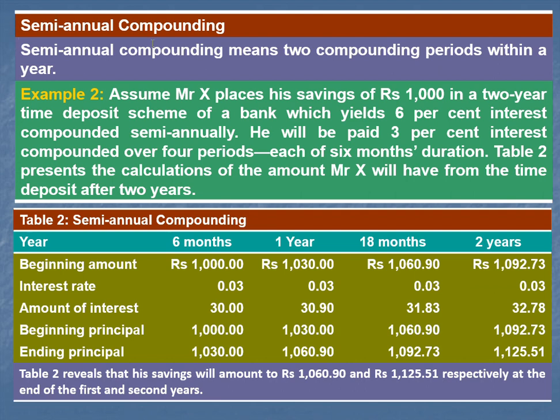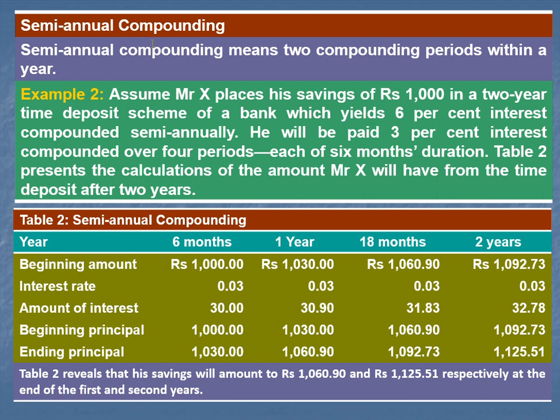Semi-annual compounding means you will get two compounding periods within a year. Here is an example: Mr. X again saves 1,000 in a 2-year time deposit scheme of a bank which yields 6% interest compounded semi-annually, so 3% is the interest rate compounded over 4 periods, each of 6 months.